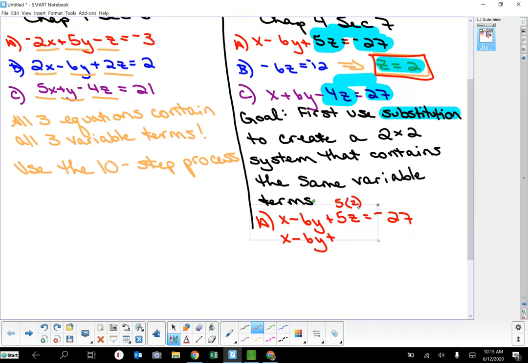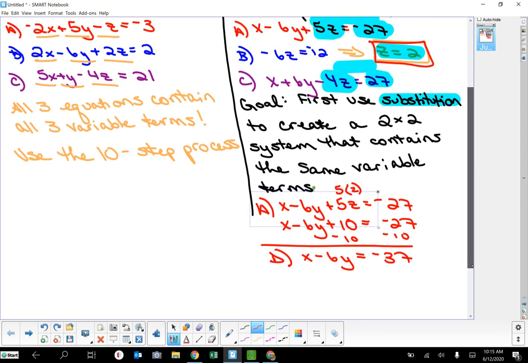So this is really this, right? I'm just going to skip a step and put the 10 in here. Then I'm going to move the 10 to the other side. And I have, this is equation D, x minus 6y equals negative 37. Okay? Now I'm going to essentially do the same thing with equation C.